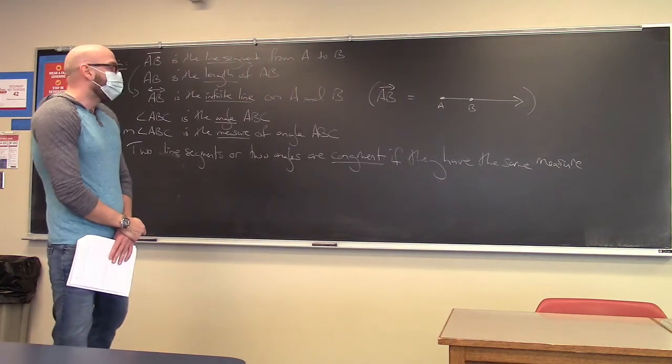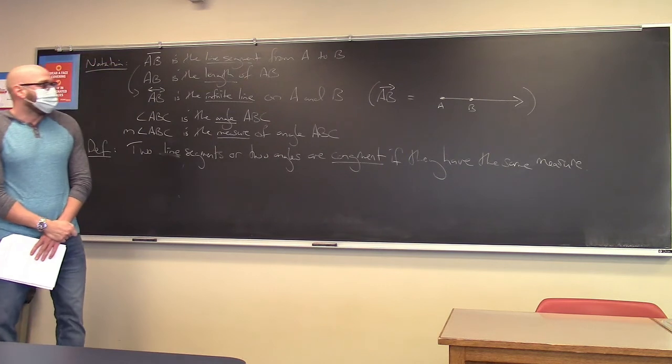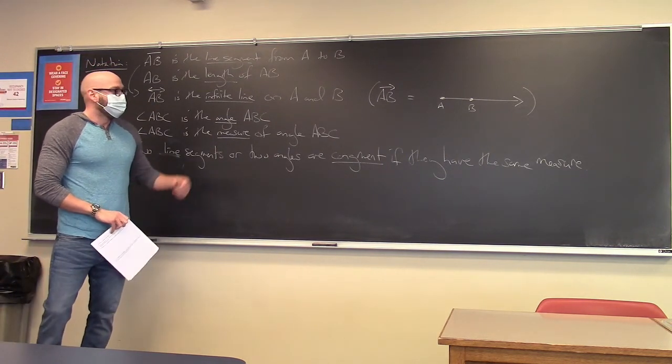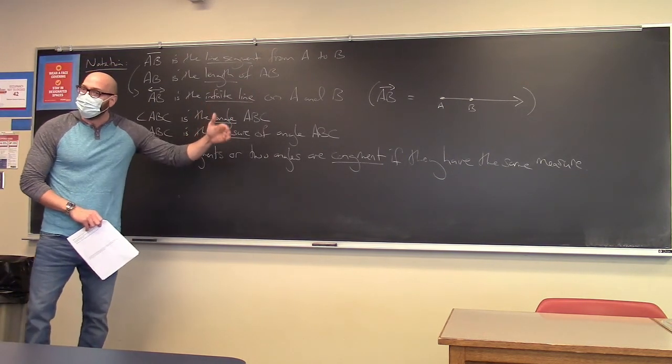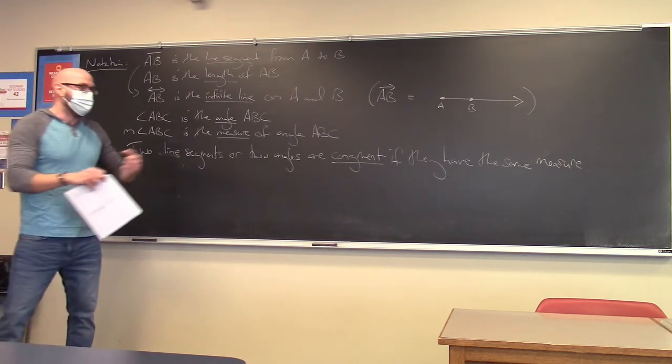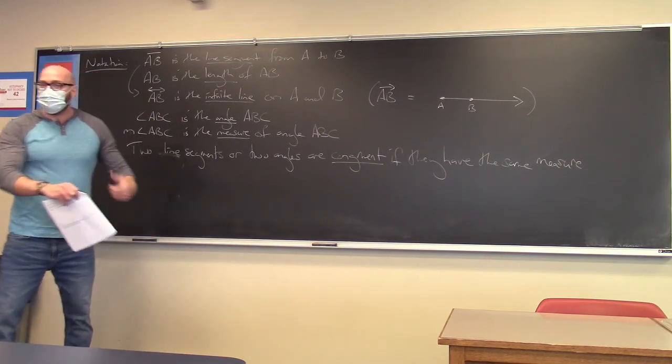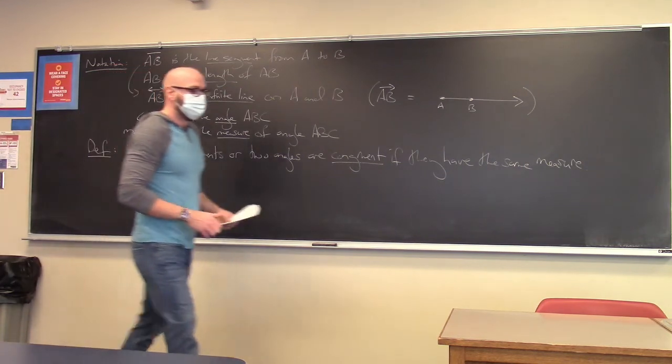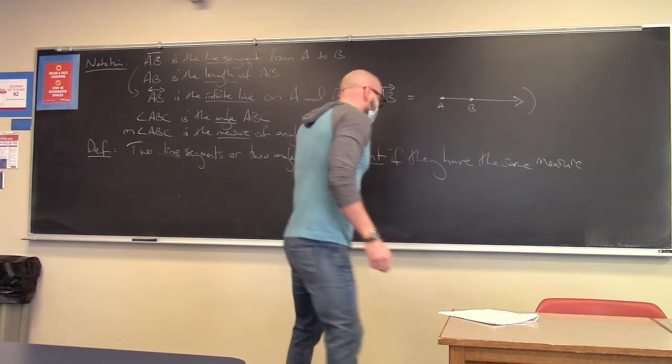And again, congruence is this idea of they don't differ under rigid motions. They might be in different places in the plane, but you can just pick one up and put it down on top of the other one, and it'll look exactly the same. So congruent line segments have to have the same length.